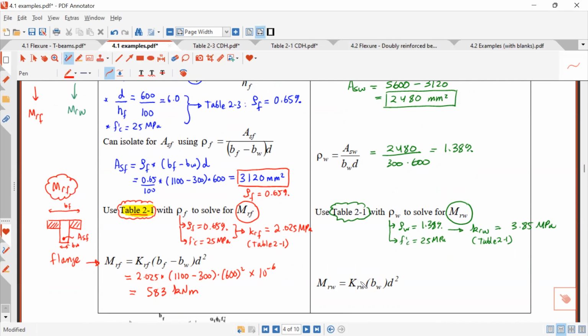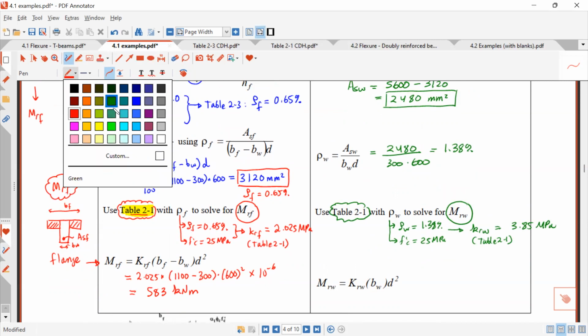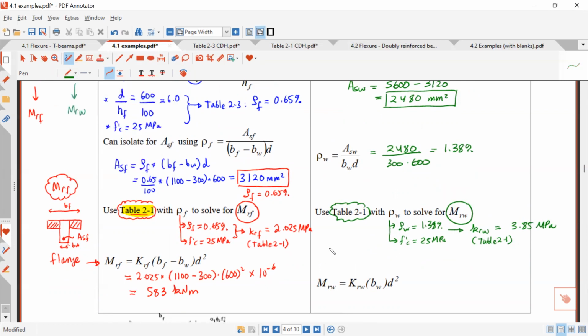Then I can get this MRW. The MRW is the same idea, but I'm taking this T-beam here, and I take the web portion. So I'm taking the web portion over here, and this is ASW. So here I'm taking the web portion, and I'll use this equation.